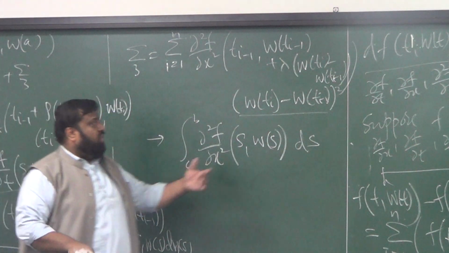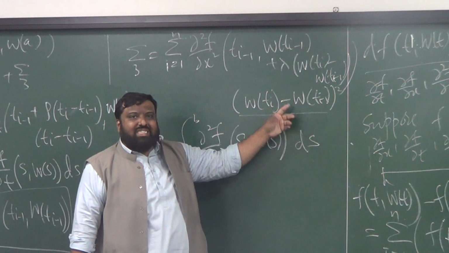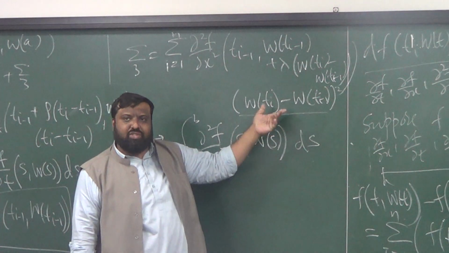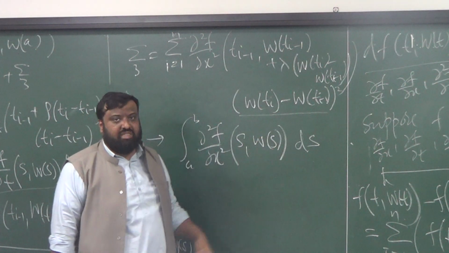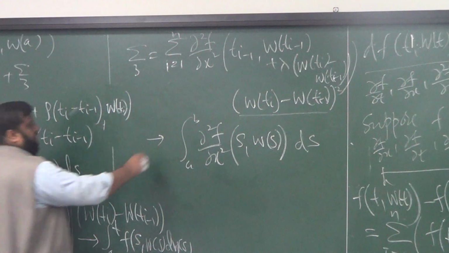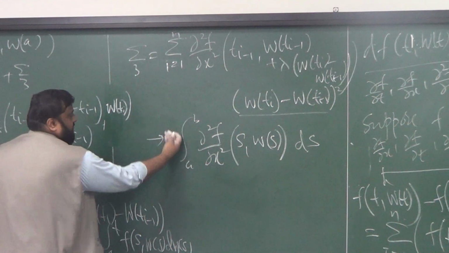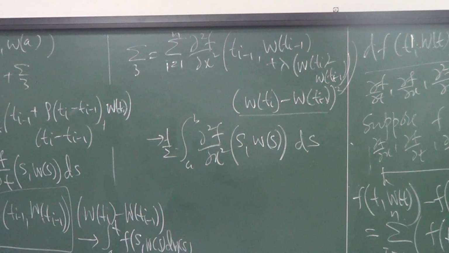Because we know that in the L2 omega sense, this is roughly ti minus ti minus 1, which in the limit is going to be ds. Roughly. So 1 over 2, right? Yes, obviously you're going to have 1 over 2 as well. Is it making sense? Good.